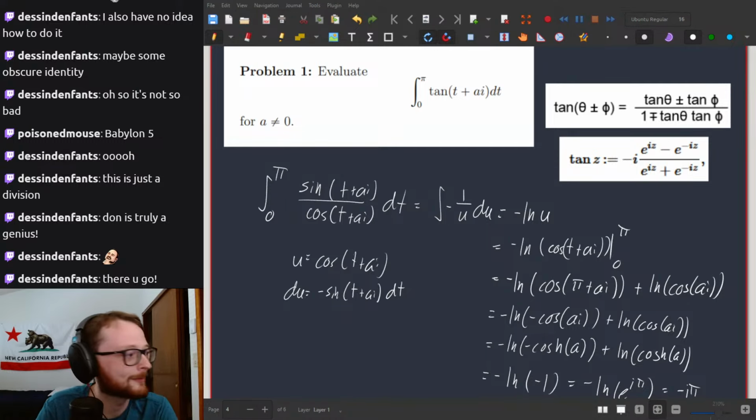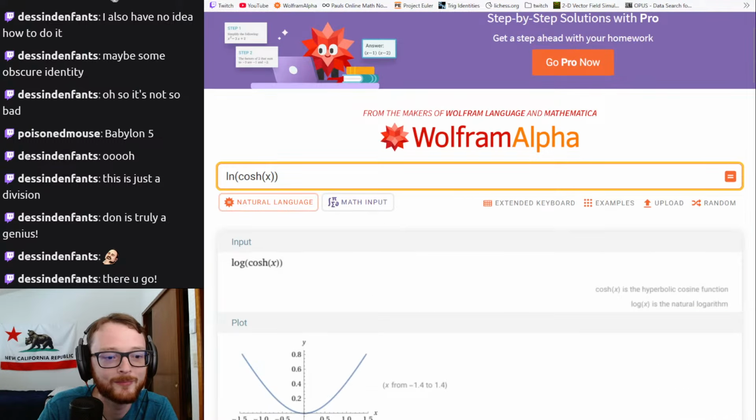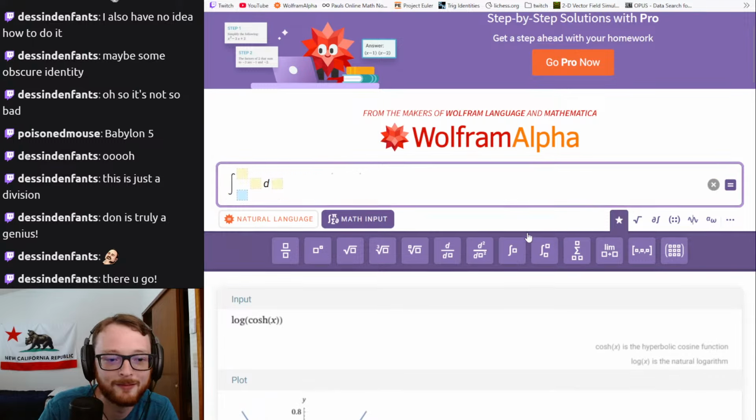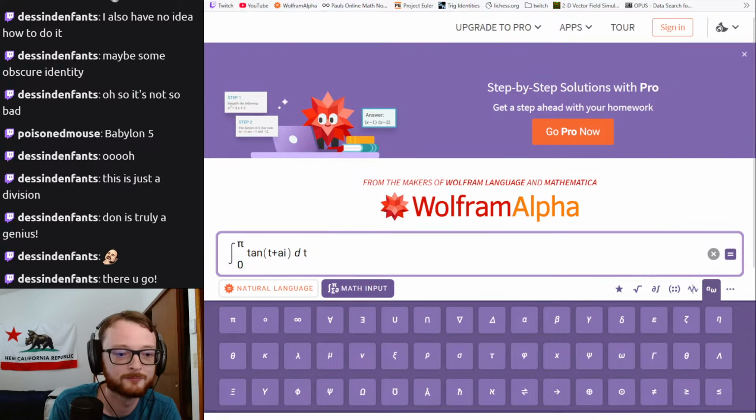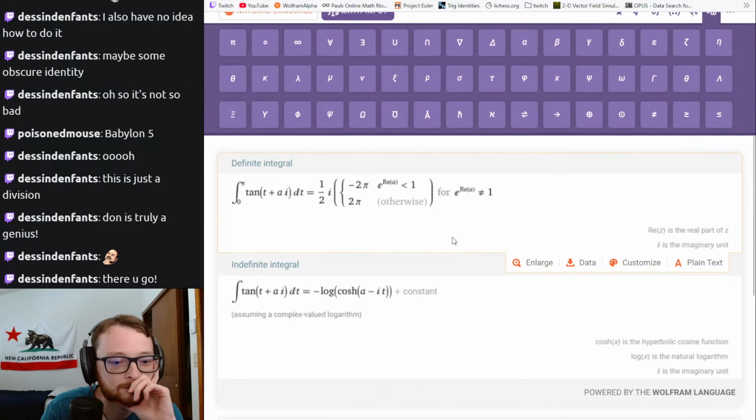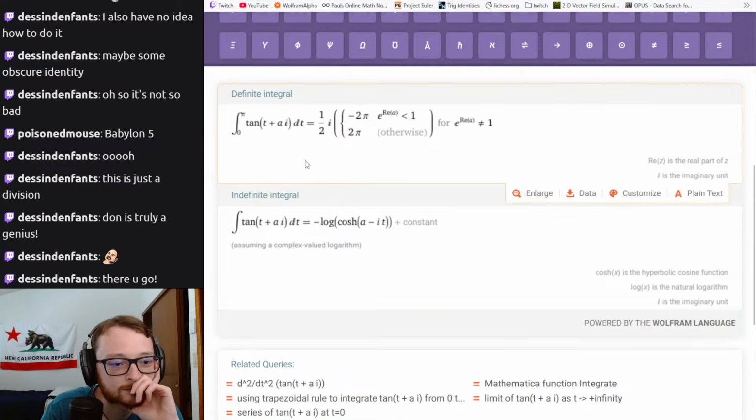I wonder if Wolfram Alpha can do this. There is a minus i pi in the top part here. e to the real part of A less than 1?